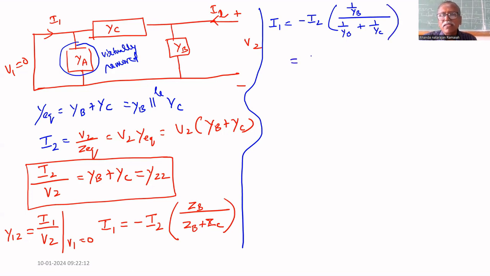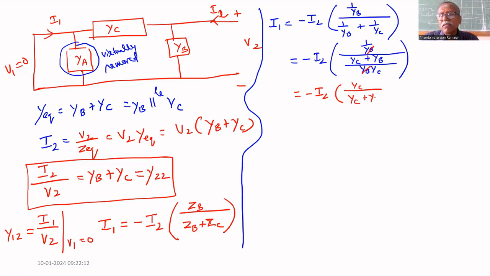If you take the LCM, we get minus I2 multiplied by YC divided by YC plus YB, with YB getting cancelled.